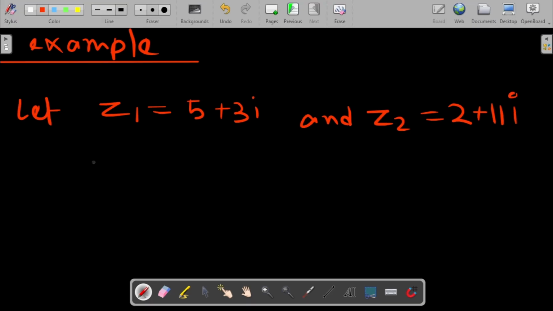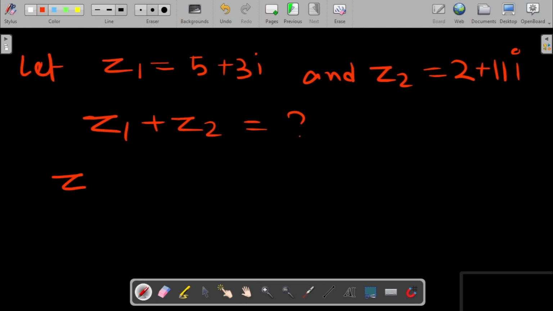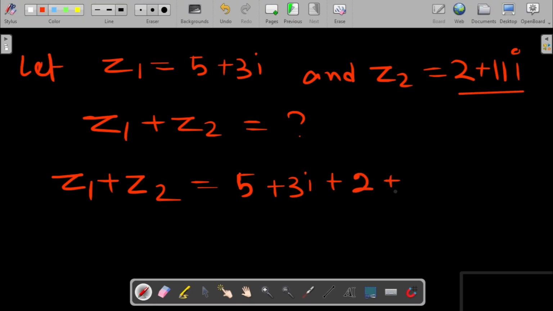We want to find Z1 plus Z2. Z1 is 5 plus 3i, and Z2 is 2 plus 11i.